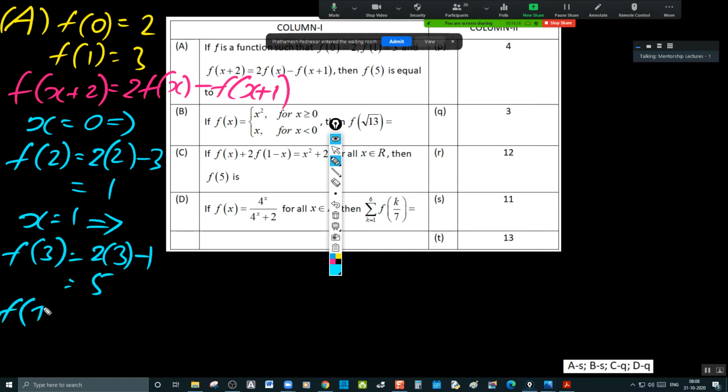Similarly, f(4), please. How to get f(4)? Put x equal to 2. Twice f(2), twice of 1, minus f(3), since we are putting x equal to 2 here. What is f(3)? 5. It is minus 3.